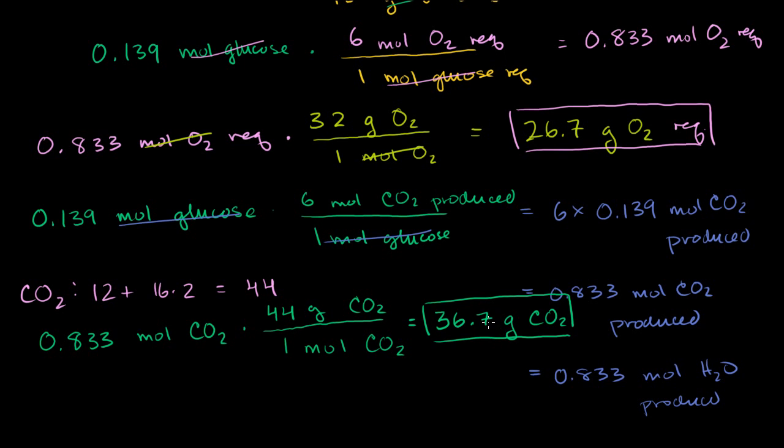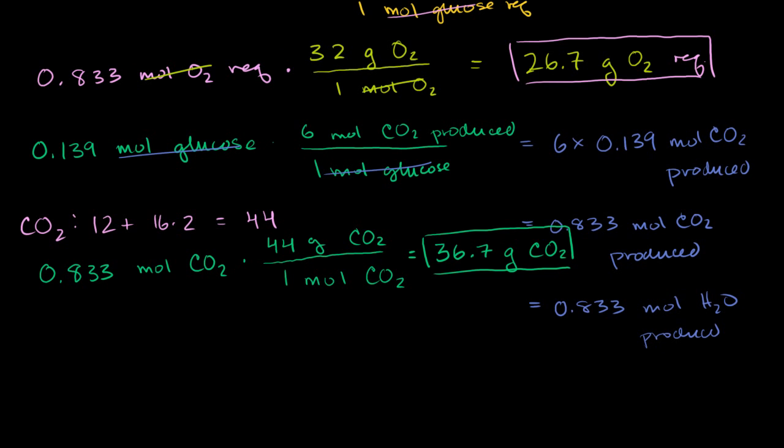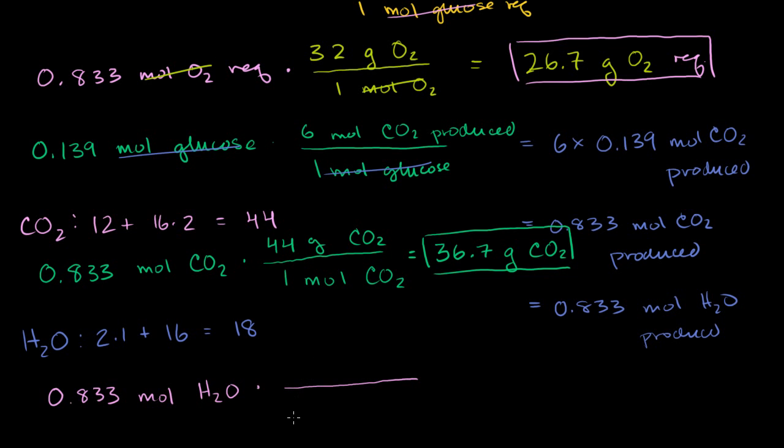And then we're almost done. We just have to figure out how many grams of water are going to be produced. We know it's the same number of moles, but how many grams is that? So water's atomic weight is going to be 2 times 1, right? Because we have 2 hydrogens, plus 16, which is equal to 18. So if we're producing 0.833 moles of water, we just multiply that times how many grams per mole of water.